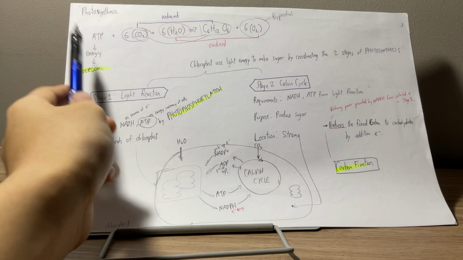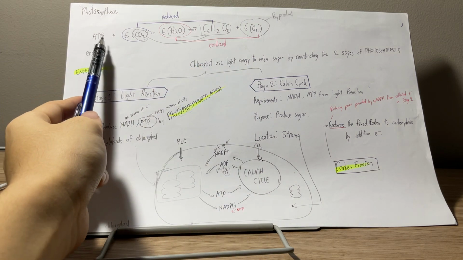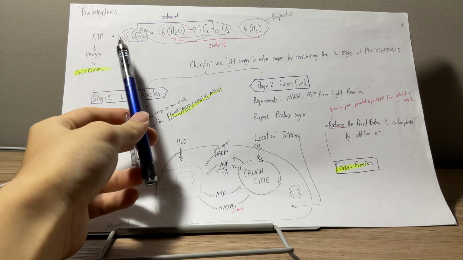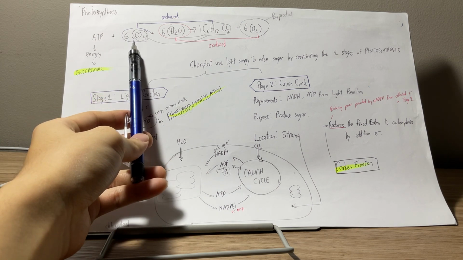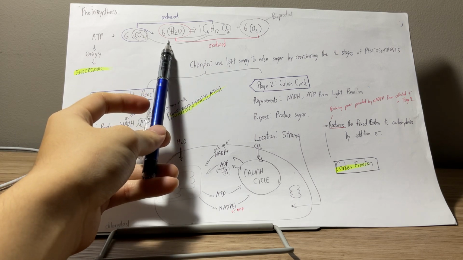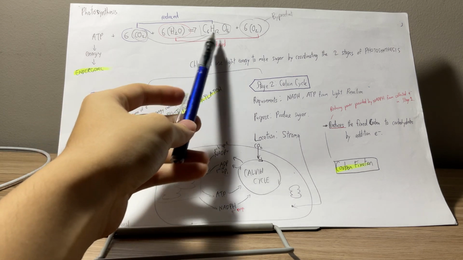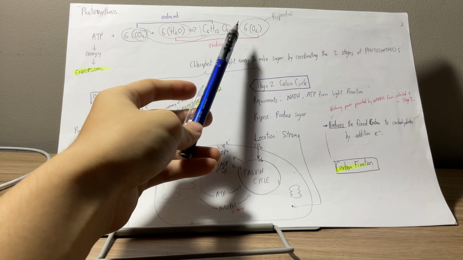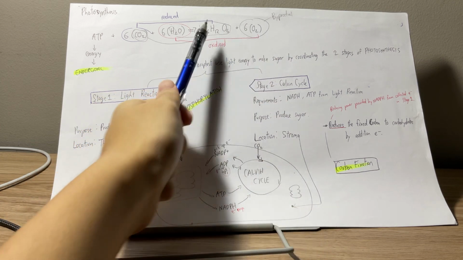So this is the equation of photosynthesis. ATP, energy or endergonic, it's endergonic, plus 6 carbon dioxide molecules plus 6 water molecules equals glucose and 6 oxygen atoms. So this is just a byproduct.